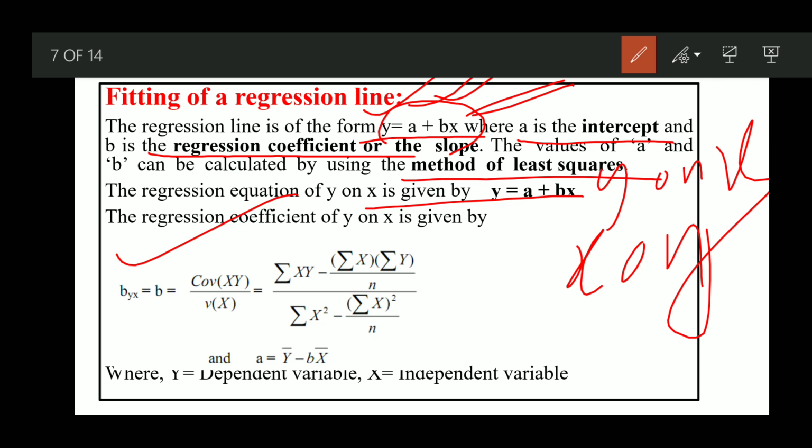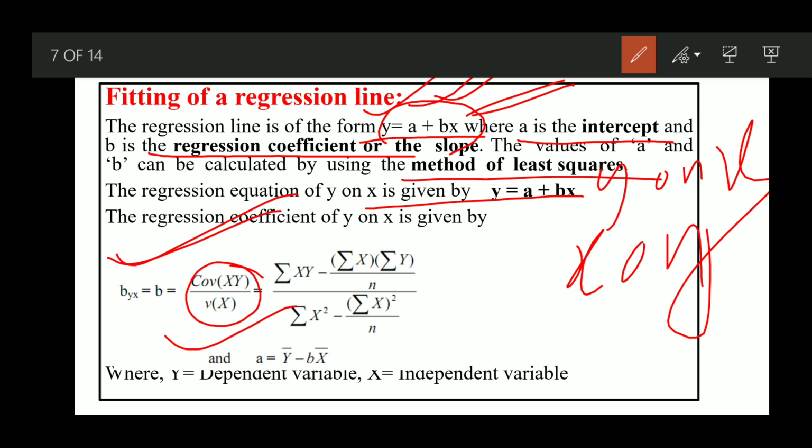Unless you know the values of a and b, it is not at all possible to calculate the value of the dependent variable. This is the basic formula of the regression coefficient of y on x: covariance of xy divided by variance of x. And this is the intercept: y bar minus b x bar.